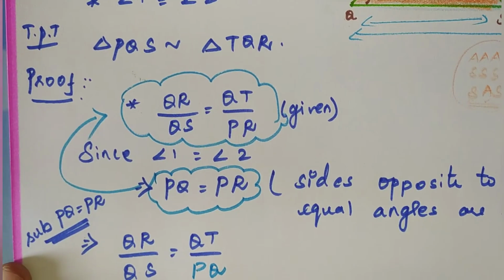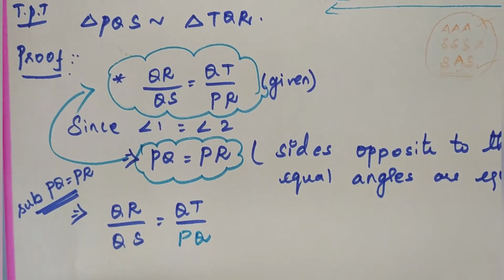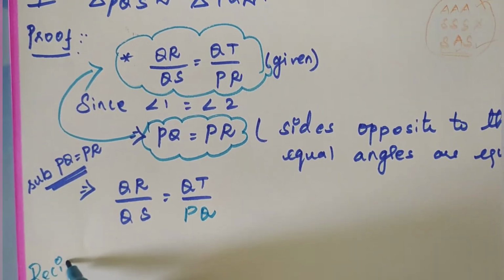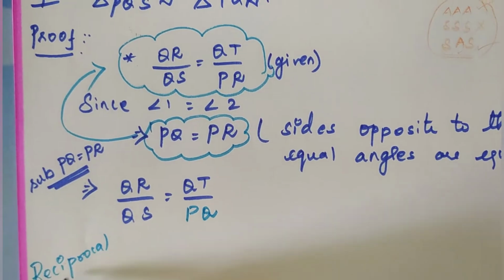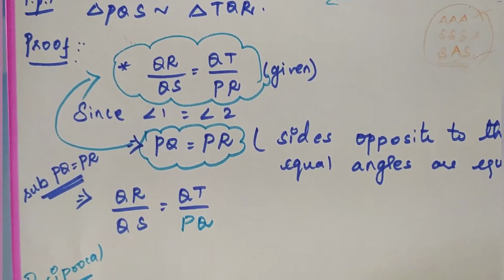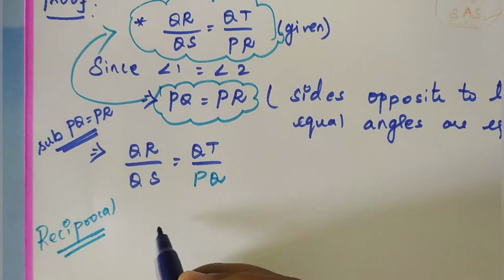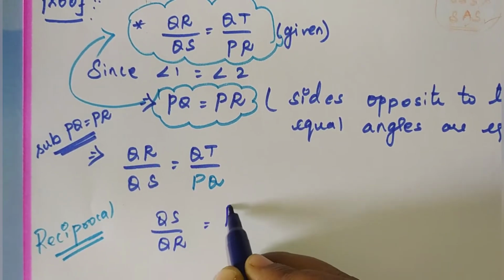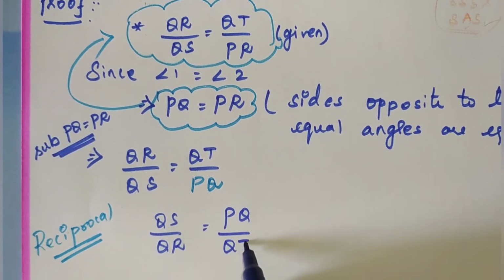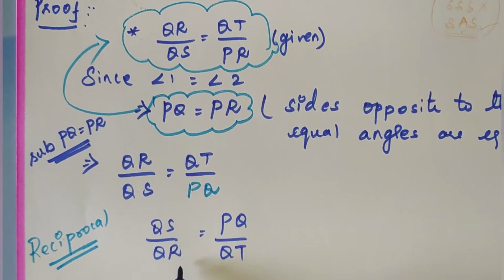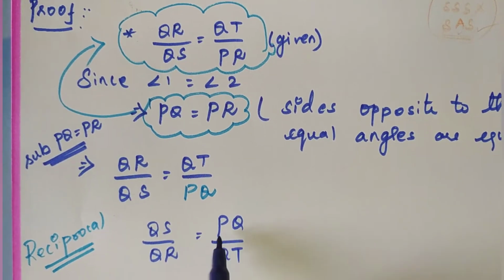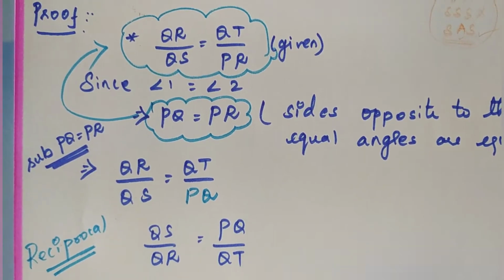Okay. Next thing is to take the reciprocal. Then what will you get? QS divided by QR is equal to PQ divided by QT.